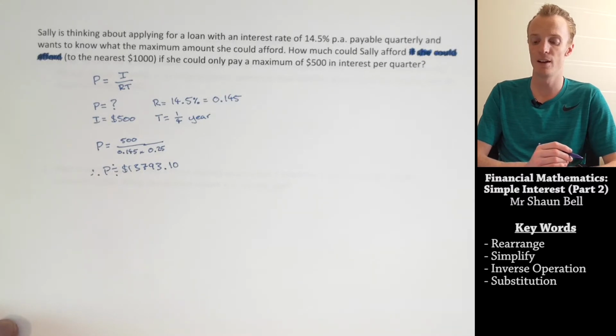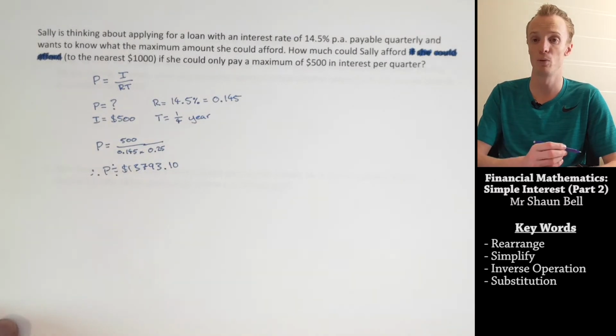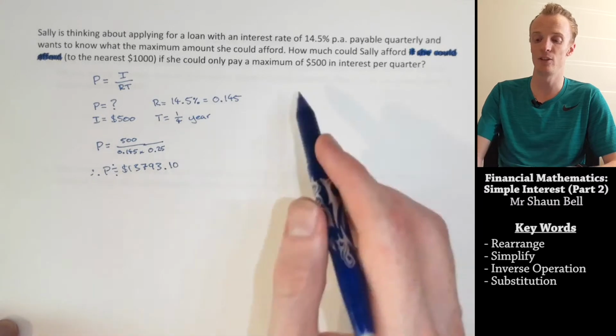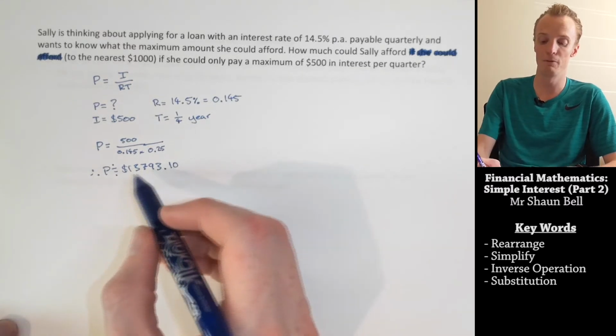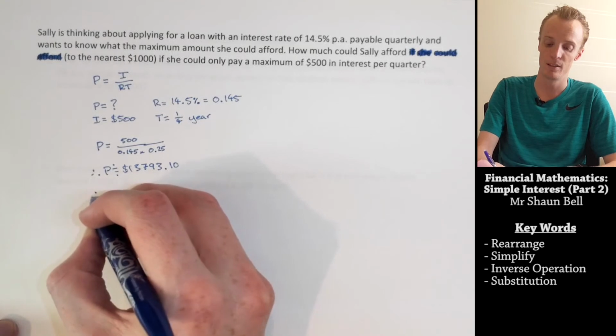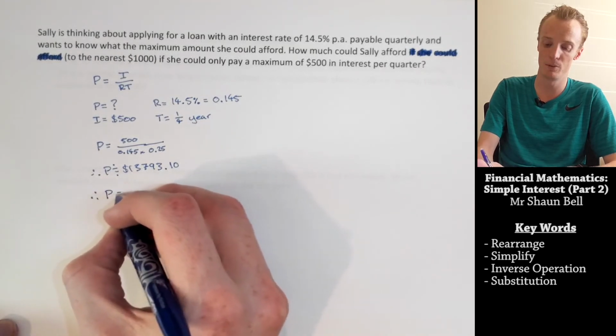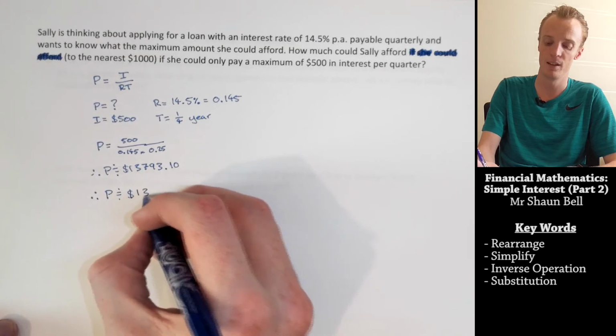However, Sally can't afford anything more than $500 interest per quarter. Rounding it up would mean that it would exceed the interest that she can afford. So therefore, we have to go against our normal rules and round this value down to $13,000. So the maximum principal that Sally could afford to the nearest $1,000 is $13,000.